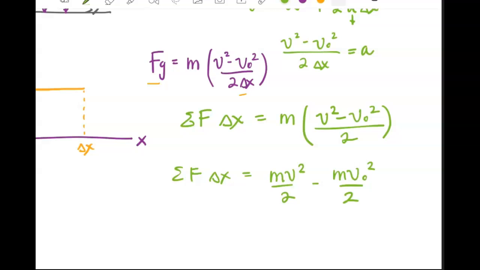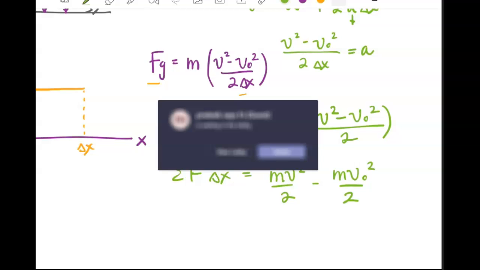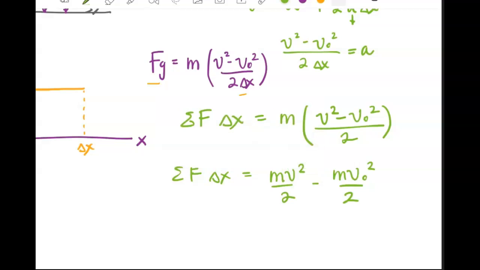So what this net force does is cause an object to accelerate. That acceleration means that the velocity is changing all while it's moving. And it went from not moving to moving. In order for a car to go from not moving to moving, it's got to have gas in it. In order for you to go from not moving to moving, you have to eat some food and have some energy, right?